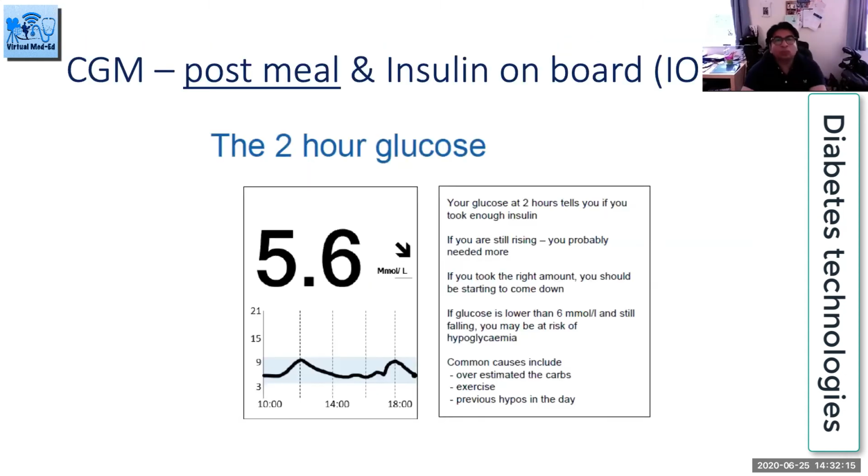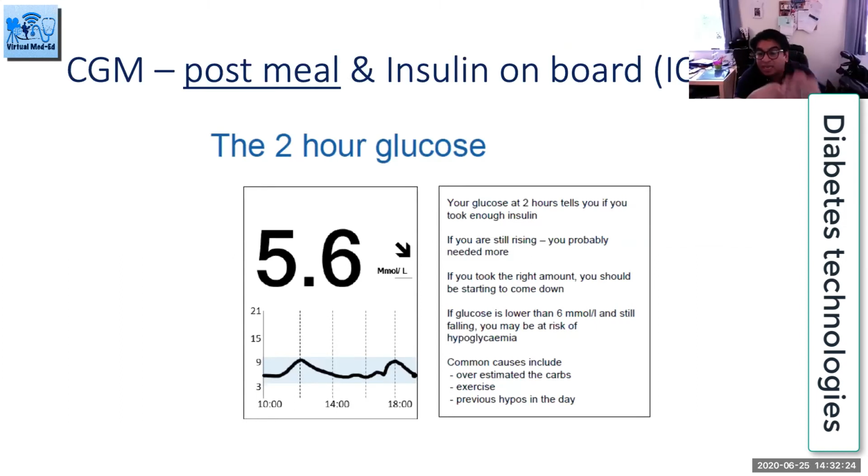Right, okay, so what happens then at 2 hours, if let's say the sensor glucose is below 6 and it's pointing downwards? This is the scenario where you may want to do something. Two hours down the line, sensor glucose below 6 and the arrow is pointing downwards. That could imply that I might go hypo.